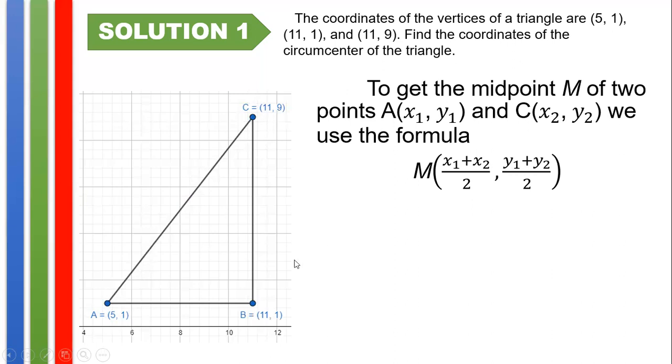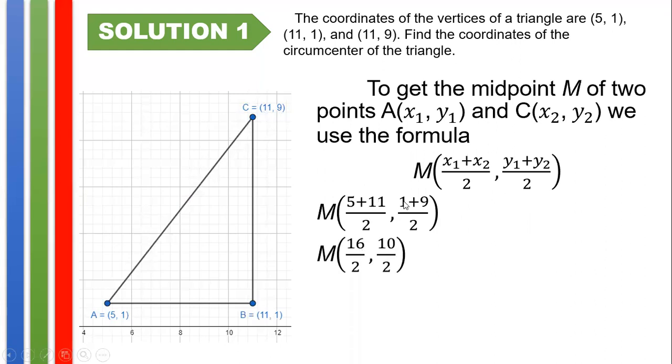With x sub 1 equal to 5, y sub 1 equal to 1, x sub 2 equal to 11, and y sub 2 equal to 9, by substitution we have (5 plus 11) over 2, comma, (1 plus 9) over 2. 5 plus 11 simplifies to 16, and 1 plus 9 simplifies to 10. 16 over 2 is 8, and 10 over 2 is 5.